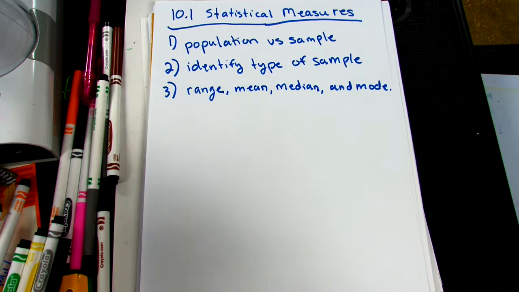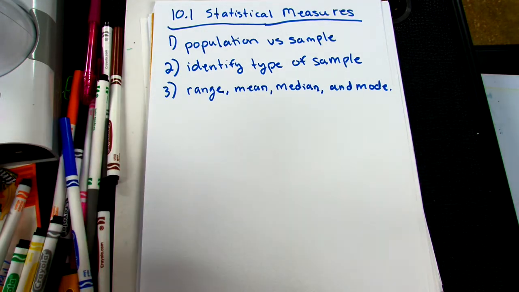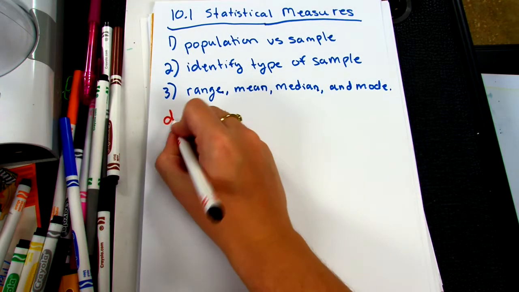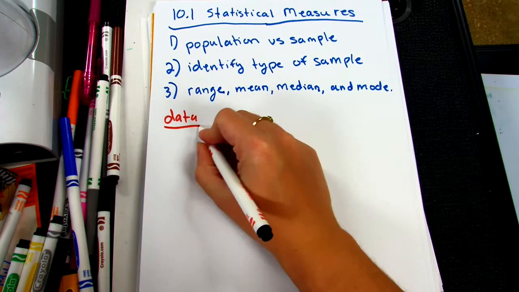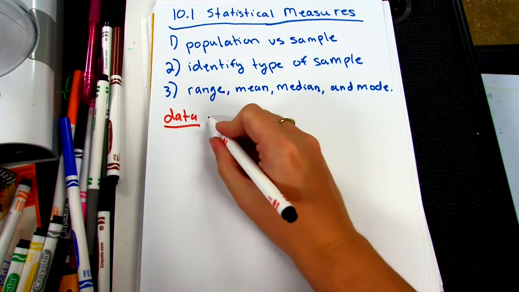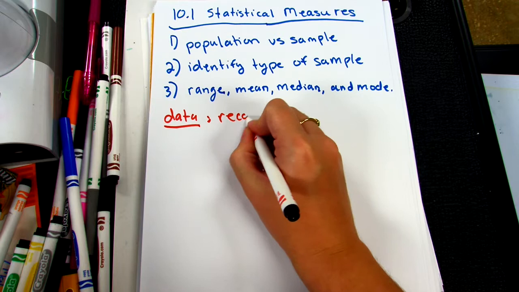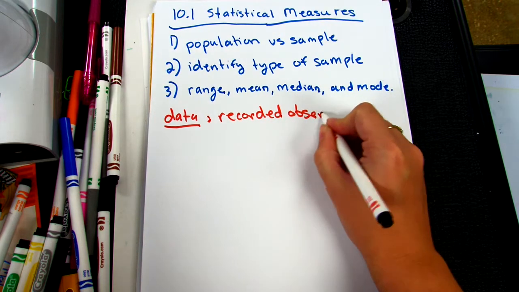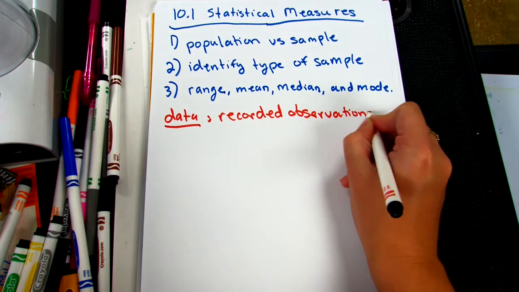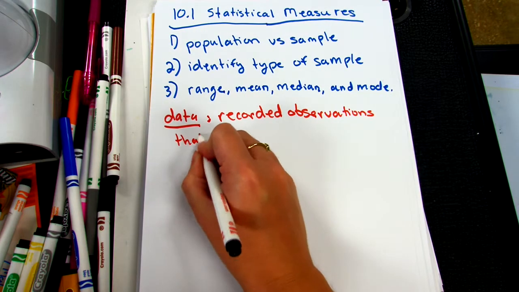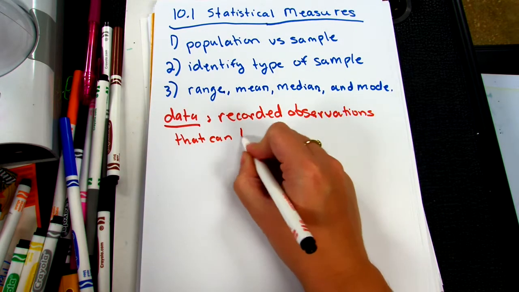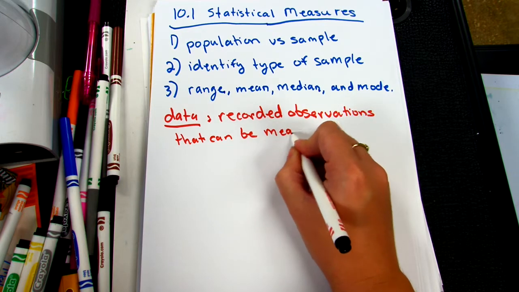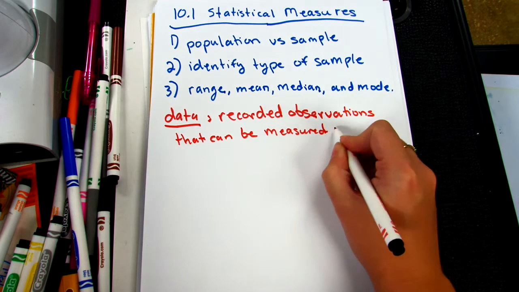So recorded observations that can be measured or counted, that is the official definition for data, okay? So data is simply recorded observations that can be measured or counted.